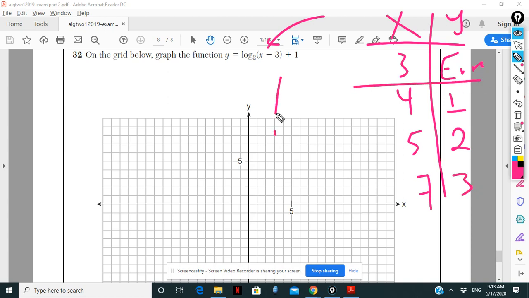It means I cannot touch this line. So when x was 4, it was 1. When x is 5, it was 2. When x was 7, it was 3. So I'm going to have a line like that. Sorry, excuse my drawing because I'm doing it on the touch screen. And that's for that part.